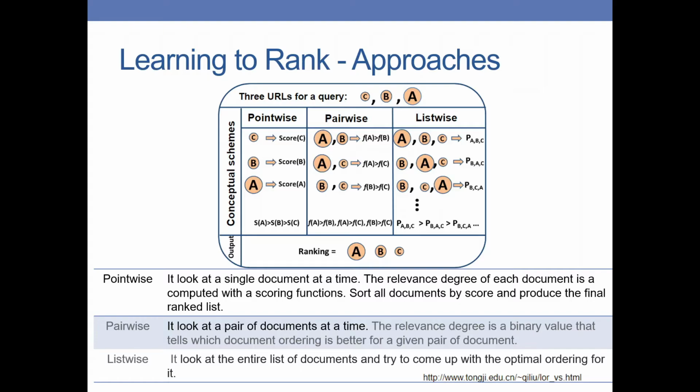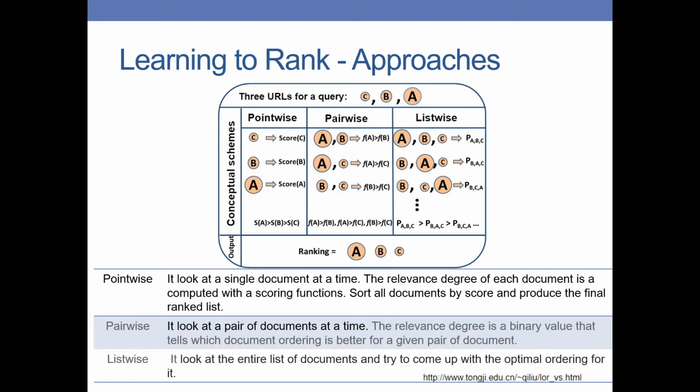For a given pair of documents, the algorithm comes up with an optimal ordering for that pair, and it compares with the ground truth, and then this is done iteratively to find the relative ordering. In the listwise approach, it directly looks at the entire list of documents and tries to come up with the optimal ordering of it.